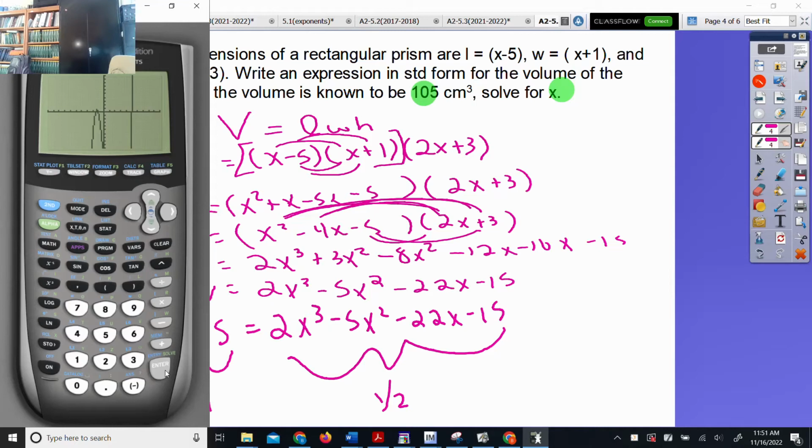That's what it is. 7th grade math standards. To see that Y equals 105, you're going to have to look up. So I hit the window key. What has to be adjusted? The Y max.